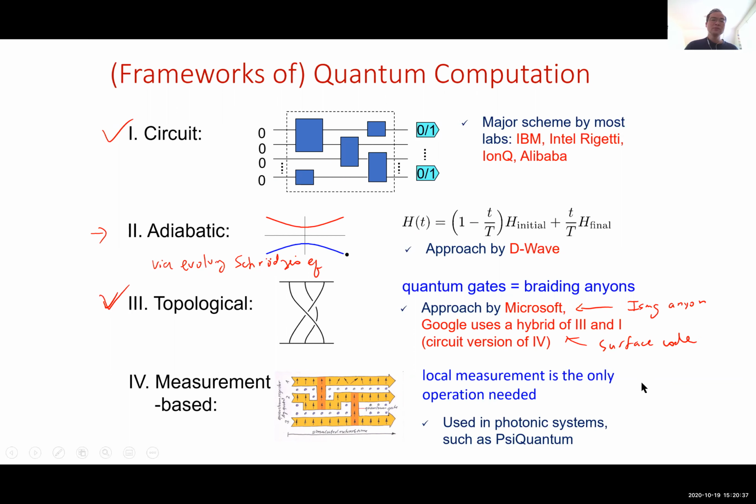Okay. And there is also another way of doing quantum computation, where you only measure local spins. This is called measurement based. And these two are the topics of this week. There's also a company called PsiQuantum, which uses a photonic system, and many use this measurement based approach.